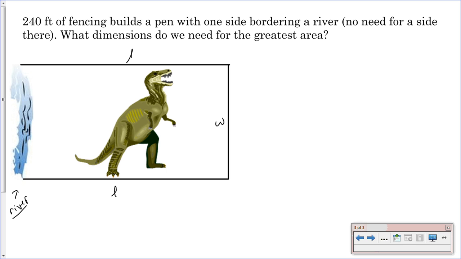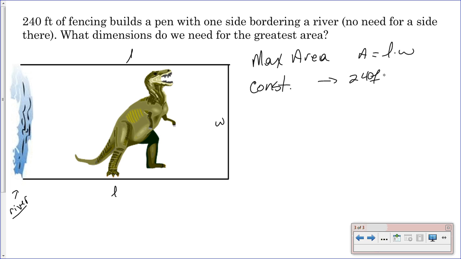All right. But now we want to find the maximum area. So again, to find the problem, it's still max area, which area is length times width. Define your constraint. Our constraint is still 240 foot perimeter.